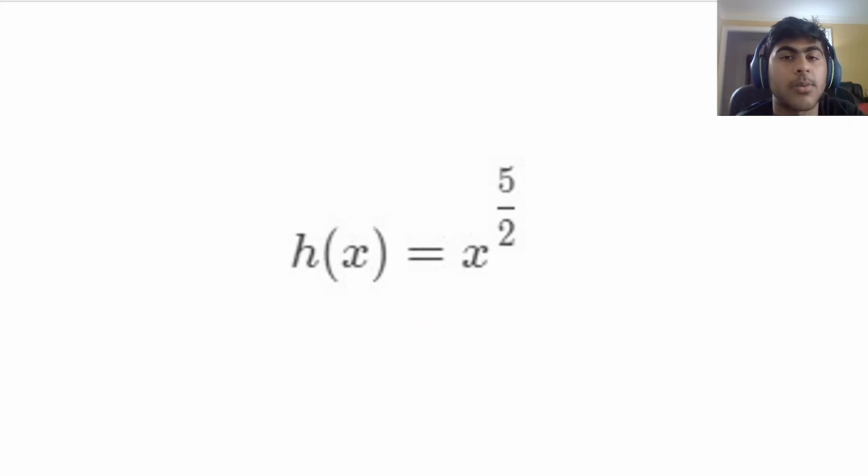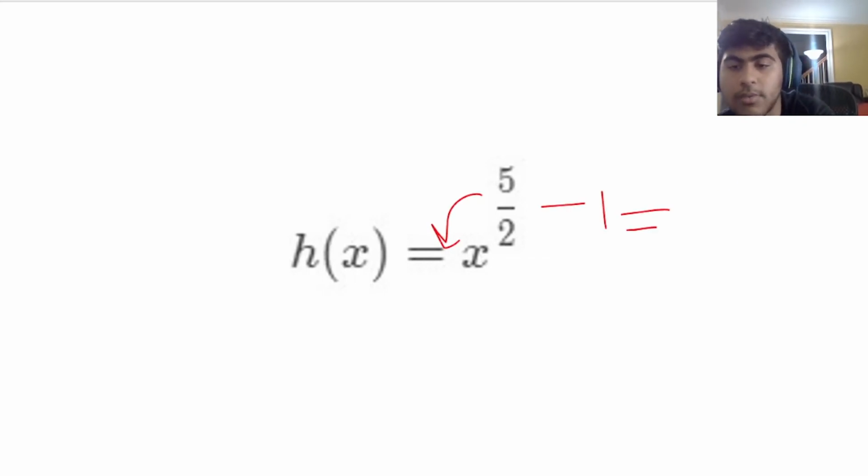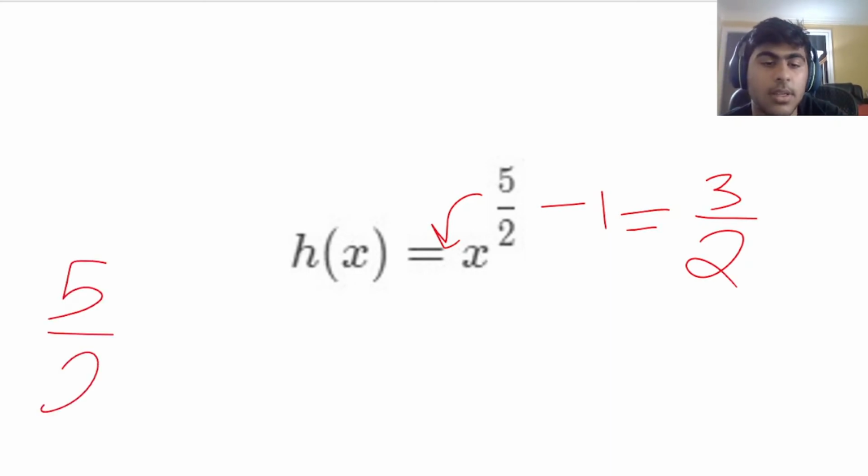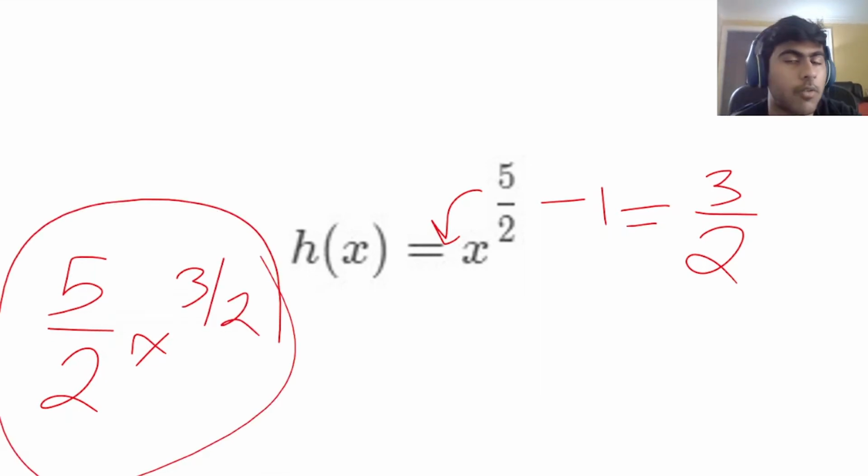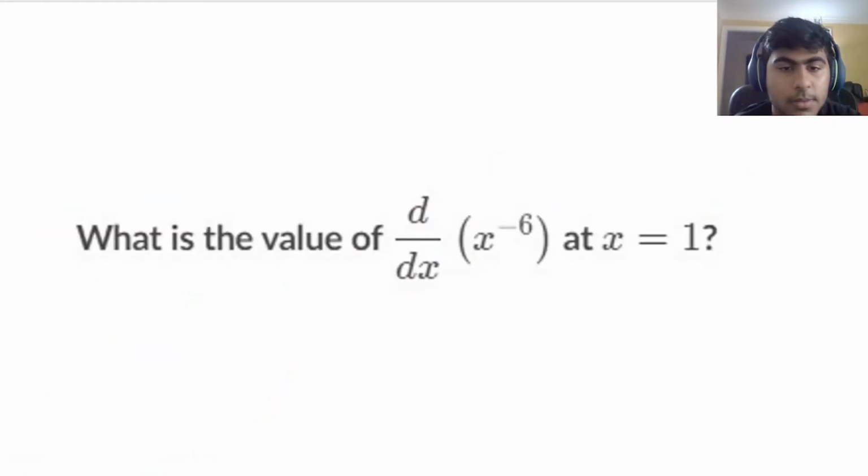It works for fractional exponents as well. We can bring the 5 over 2 down here, and then subtract 1 to give 3 halves. So our answer is going to be 5 halves times x to the 3 halves. It works for fractional exponents, negative exponents, all exponents.